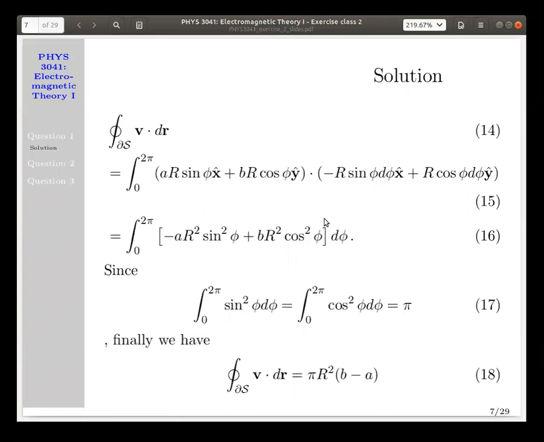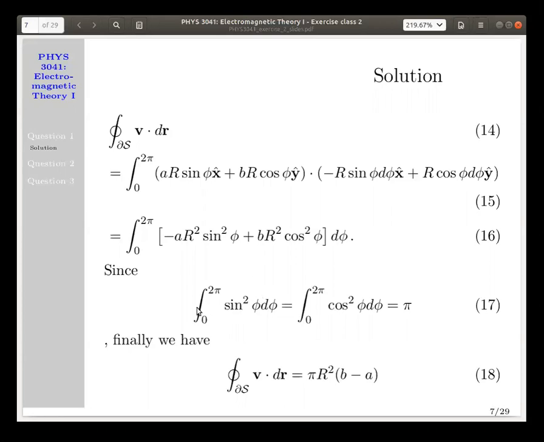Then we put the two components into the integral and do the dot product, and we have these expressions. Here we just need to do the integral of sine squared phi and cosine squared phi from 0 to 2 pi, because we are integrating over a closed loop, so phi goes from 0 to 2 pi.